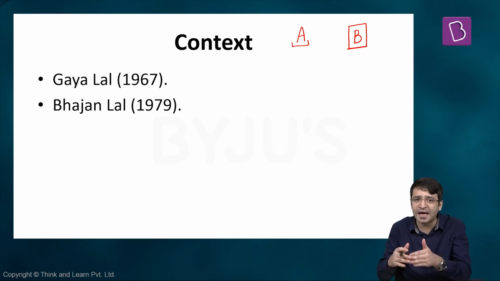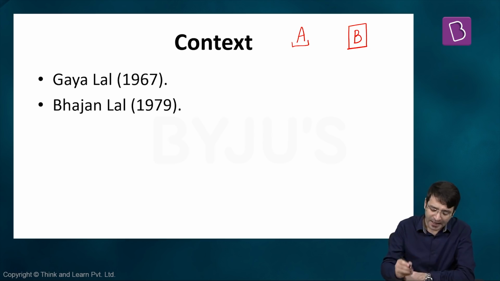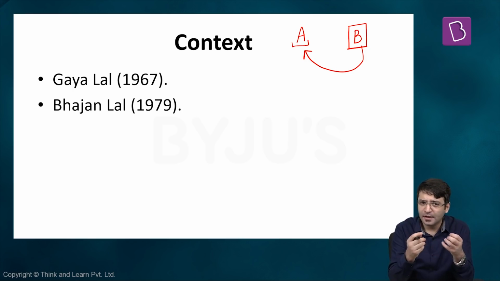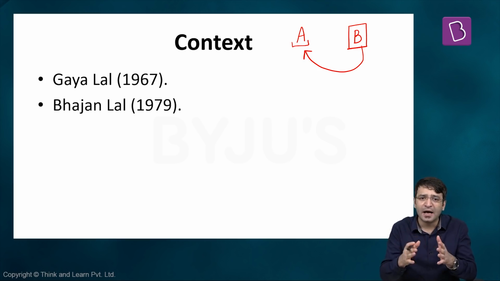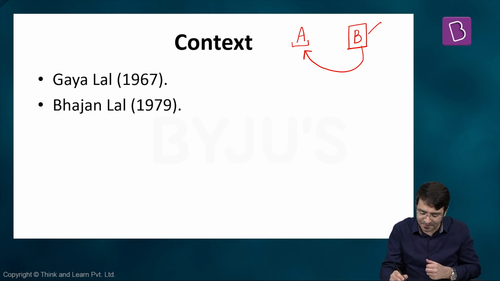Party B emerged as the single largest party, but it was still short of a few MLAs. And what this party B is doing, it is bribing me. How? Maybe by offering money, maybe by offering a post of a minister. And what I do, I defect to party B, and now I am a part of party B, a minister in the government headed by party B.